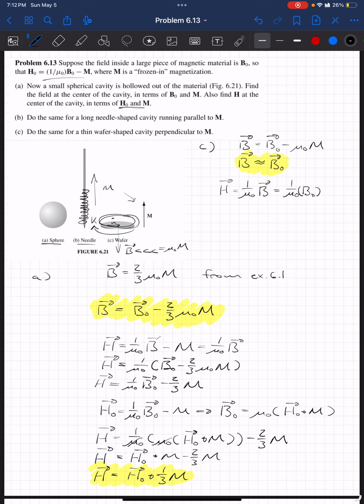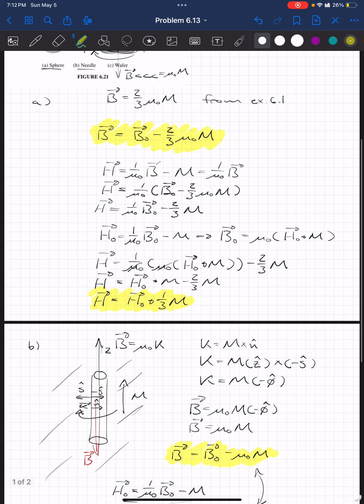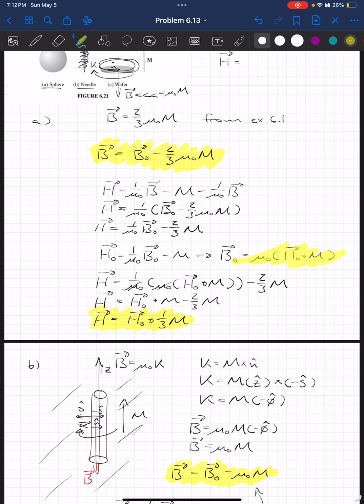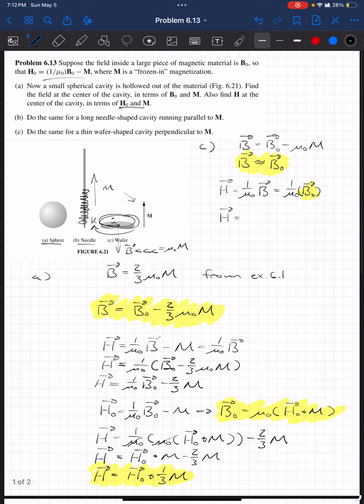And if we plug in our value for B naught, so that we can find H in terms of H naught and M, we'll find that, going back, the value for B naught from moving around terms is equal to mu naught times H naught plus M. So plugging this in, H is equal to 1 over mu naught times H naught plus M. That's all in parentheses.